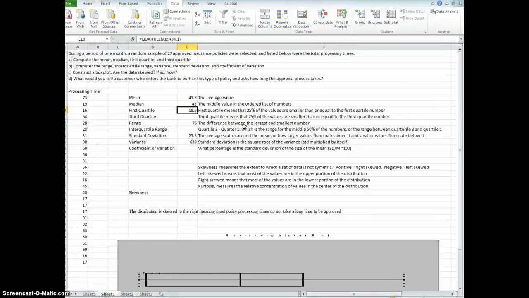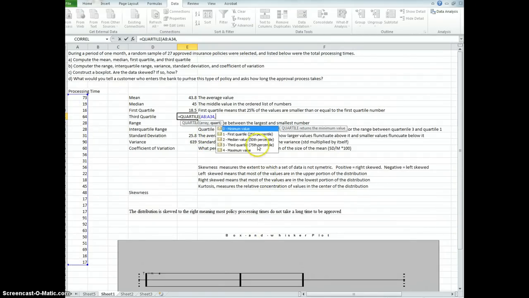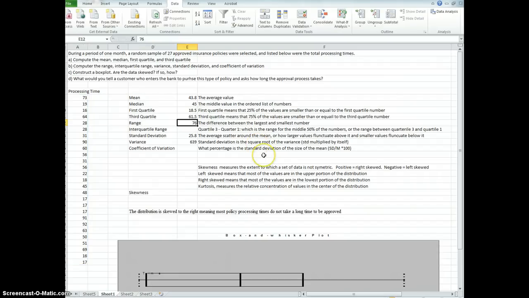Now we want to take a look at our third quartile, which means that 75% of the values are smaller than or equal to the third quartile number. So 61.5. So we know that 75% of the values are smaller than or equal to 61.5.